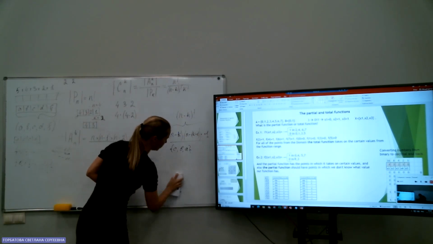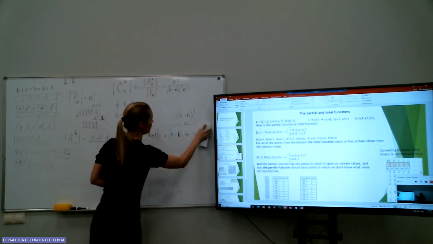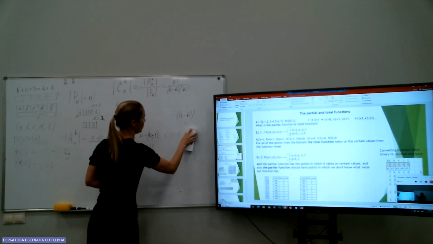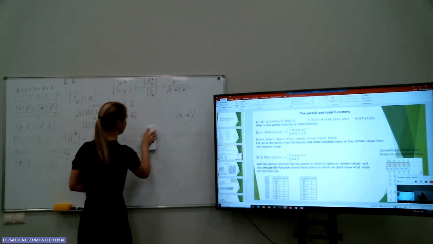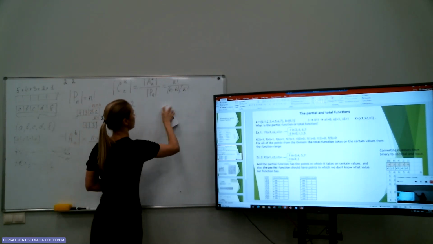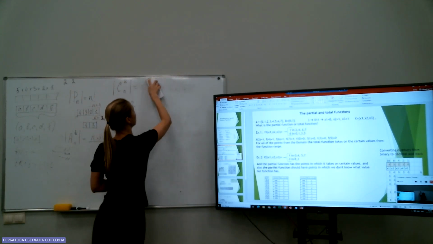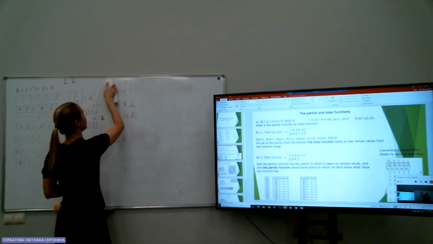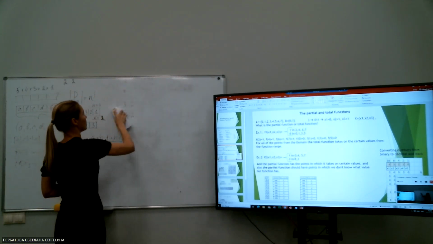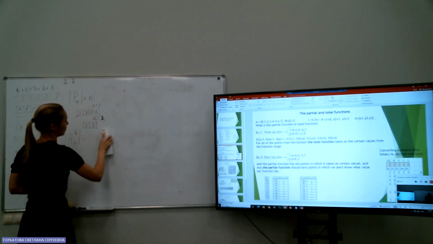So each variable can be 0 or 1, 3 variables. So 2 multiplied by 2 multiplied by 2, it is 2 to the power of 3, 8. 8 points, 8 variants of inputs.